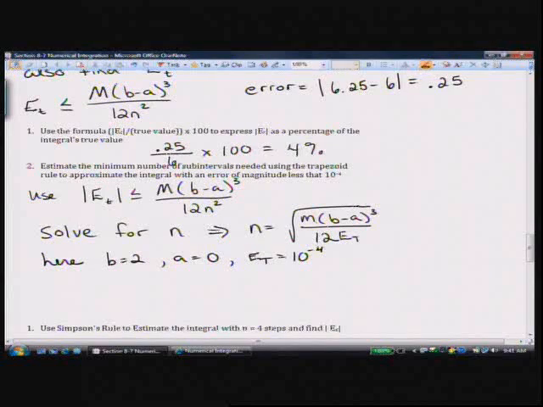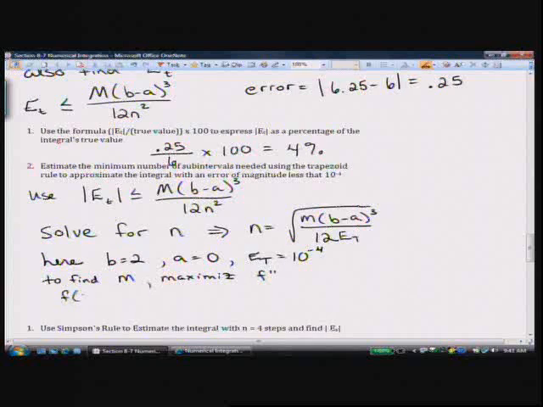Well, m is the max of the second derivative. Okay? So to find m, you maximize f double prime. Well, f of x is our original integrand, which was t cubed plus t.